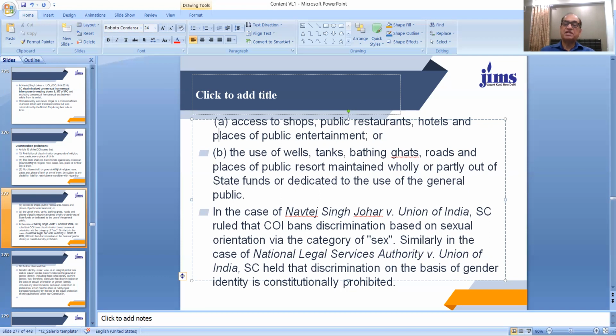Similarly, in National Legal Services Authority versus Union of India, the Supreme Court held that discrimination on the basis of gender identity is constitutionally prohibited. Our Constitution prohibits discrimination on the basis of gender identity, that a particular person is lesbian, gay, bisexual, transgender, or queer.